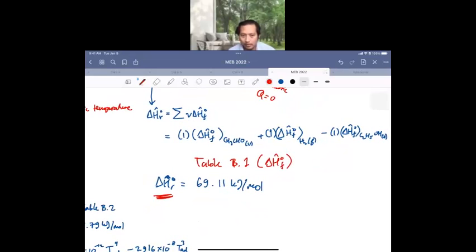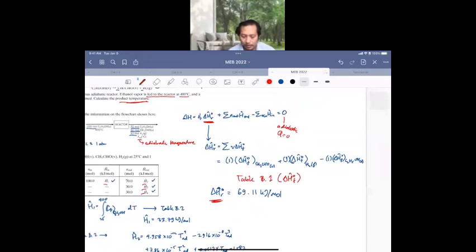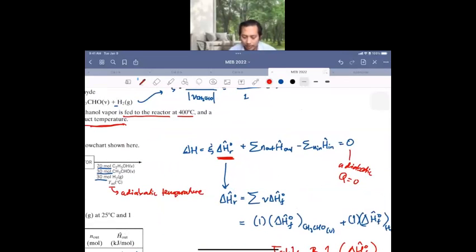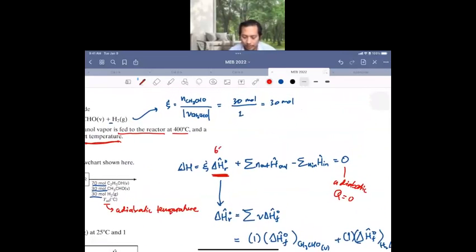So let me write through here. The heat of reaction we are going to put here: 69.11, right? And this is times 30 mole. And the rest: 70 mole H2 plus 30 mole of H4 minus 100 mole of H1, right?